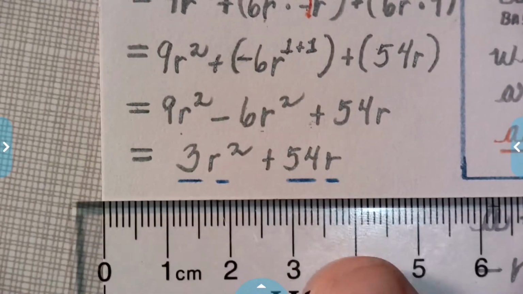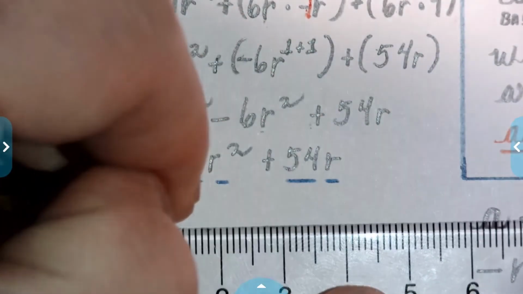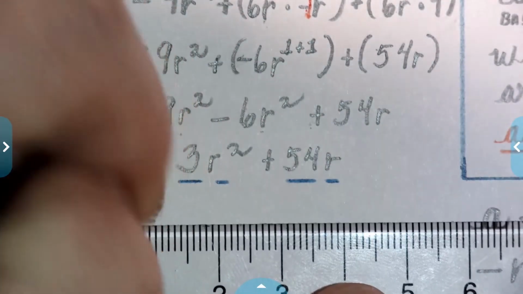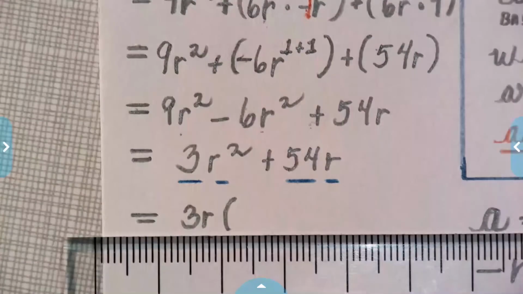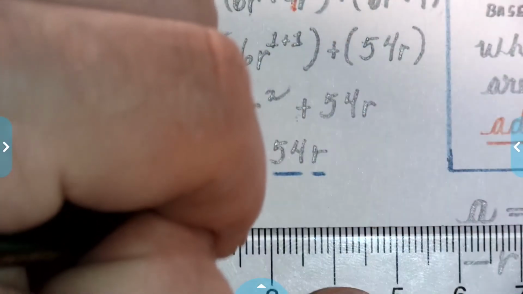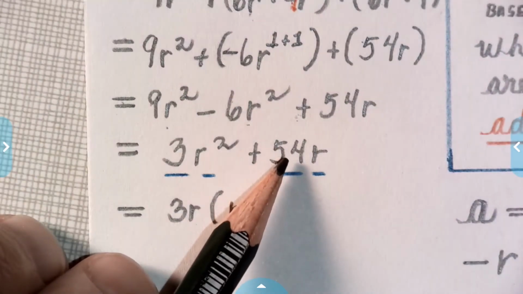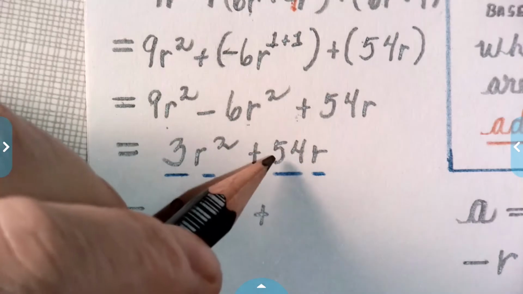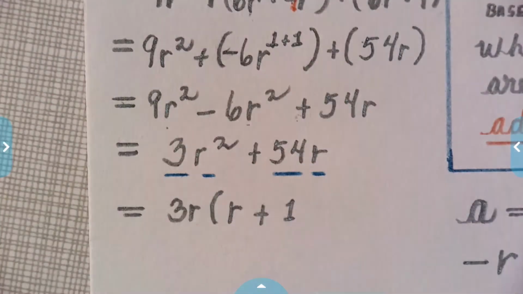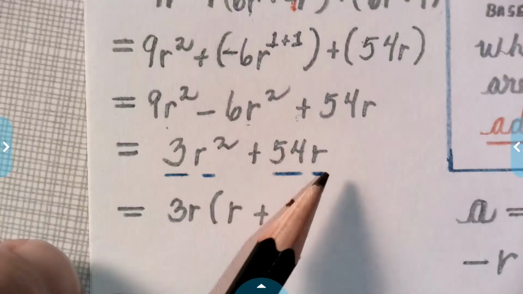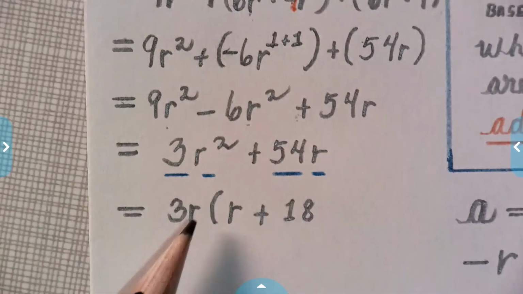So that's an acceptable answer right there. But I could also have written it like this. 3r, open parentheses, r plus, and then 54 divided by 3. Well, 3 goes into 5 one time, with 2 as a remainder, so 24. 3 goes into 24 8 times. I've completely divided this r out, put it over here.